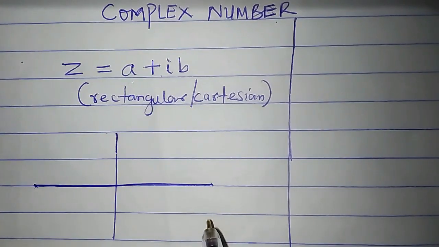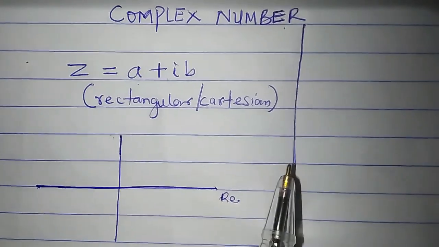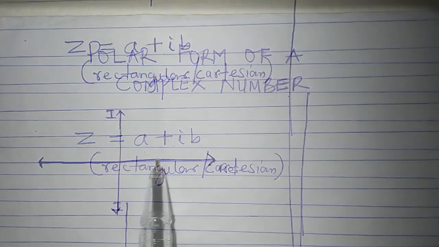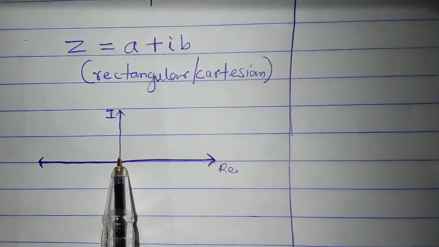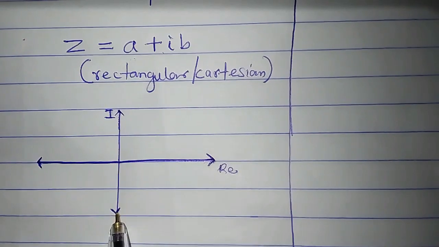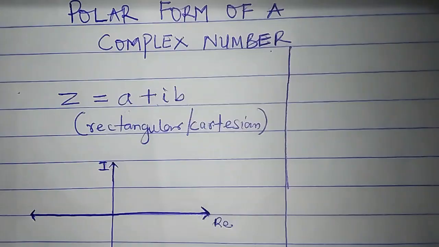So this is the real part, and this is the imaginary part. This is positive as well, okay? These two axes are negative. Now, I want to write this pictorially. Z equal to A plus iB.